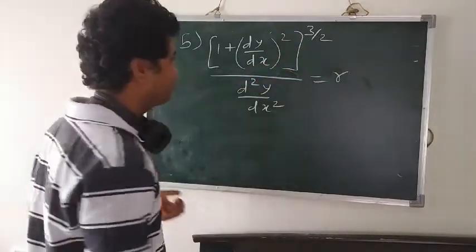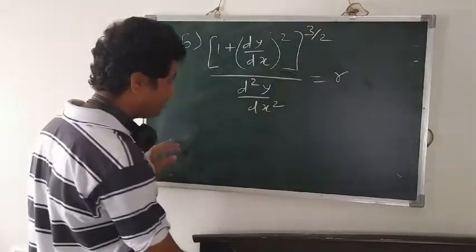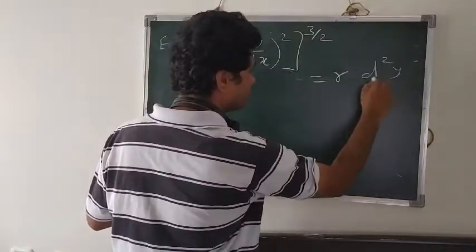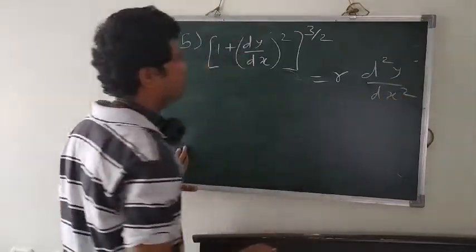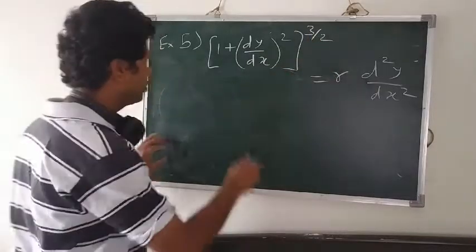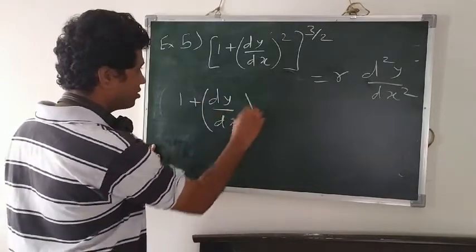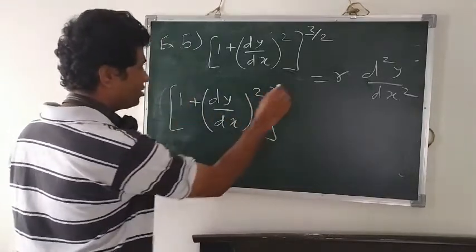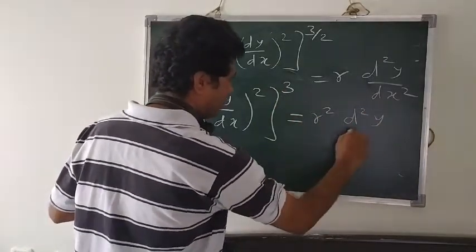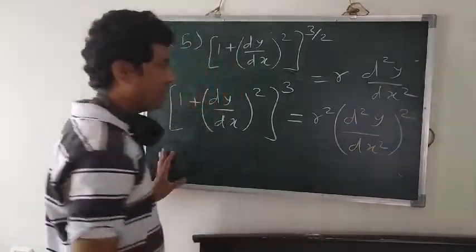We have to simplify. So we multiply this equation by d2y by dx square, and now we have to square this equation to remove this square root, so that we get (1 plus (dy by dx) square) raised to 3 is equal to r square (d2y by dx square), its square.